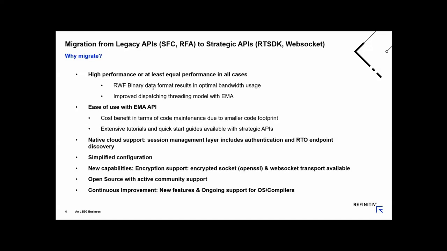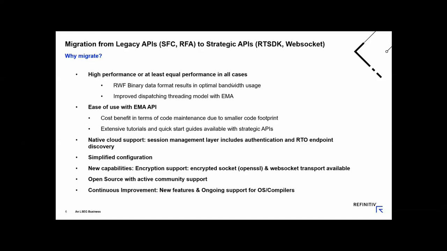What about RFA OMM to RTSDK? What's a benefit there? So with the RFA OMM to RTSDK, you would get at least equivalent performance, if not better, especially when it comes to Java. And we have improved the dispatching models there.